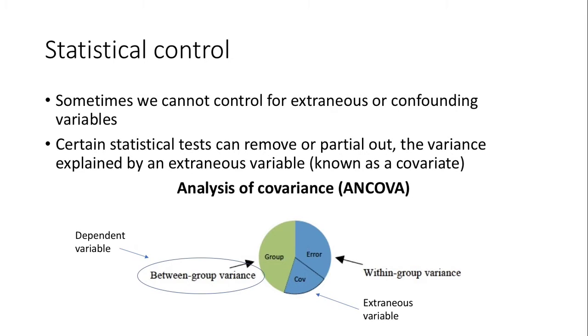So here we have the dependent variable, which is what we're looking at here. We're trying to narrow down that effect, and then we have a certain degree of error, and then we have a certain extraneous variable which may impact our ability to detect a difference. So basically, statistically, we can cancel out that covariate or extraneous variable.